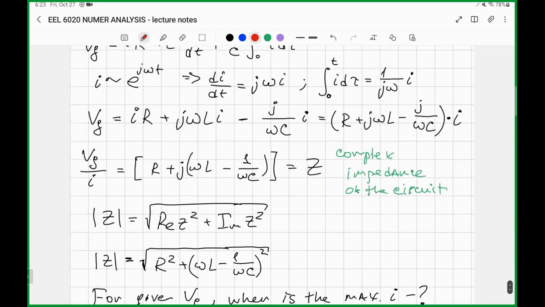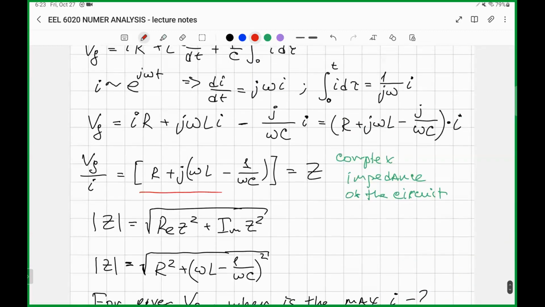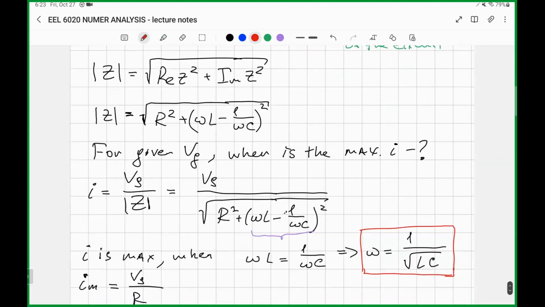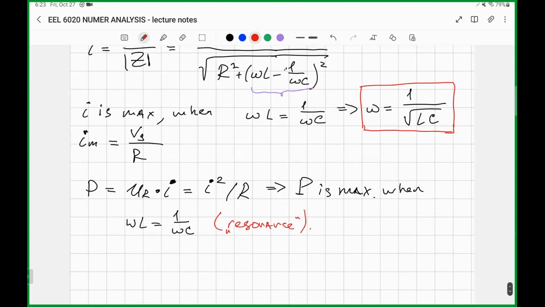It is seen from this formula here, right? At resonance, the complex impedance of a circuit becomes real valued, and in this regime, we have no energy storage in the reactive elements. So we don't lose energy to the reactive elements, okay?